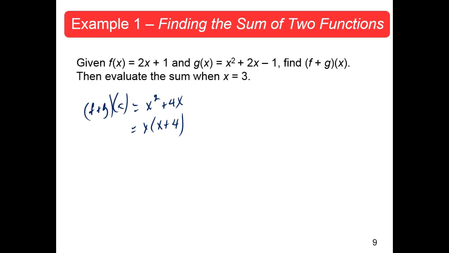Now, in that form, let's figure out what f plus g of 3 would be. 3 times 3 plus 4. That would be 3 times 7, which is 21. Same thing we got. So either way works. Okay?